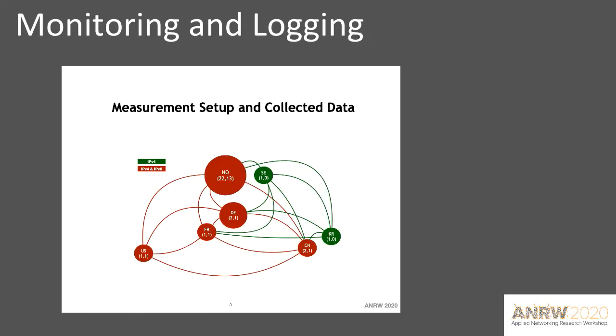To this end, we perform a controlled measurement study to collect IP-level paths. The figure shows the country location of the end sites in our measurement setup. Most of these are multi-homed via an educational network and at least one ISP. A significant fraction of the end sites offers IPv6 connectivity.